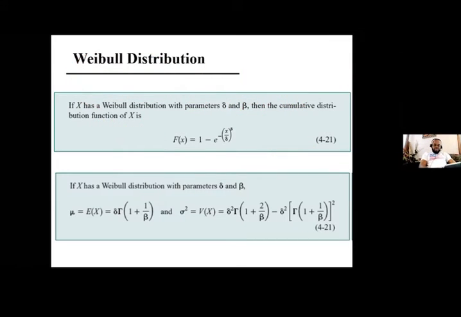Now you can see this guy here is actually the CDF. Okay, now what about if a random variable S follows a Weibull distribution? And how can we find the mean and variance?